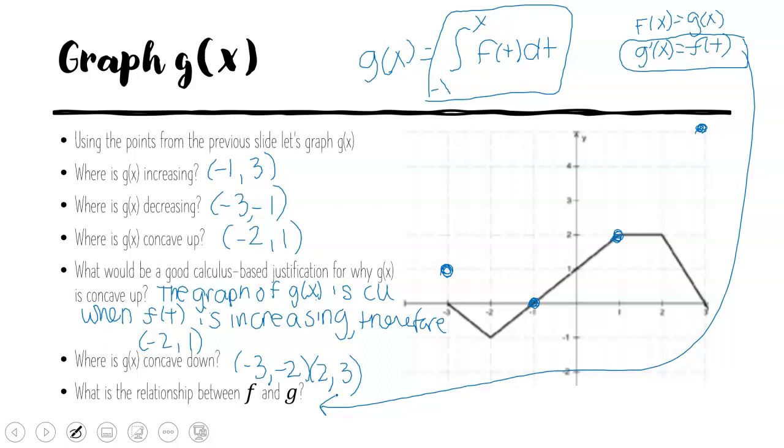Make sense? Roughly something like that. Yes.